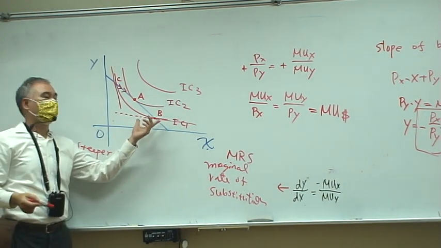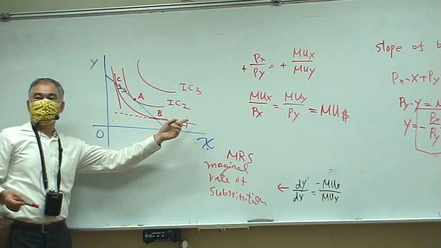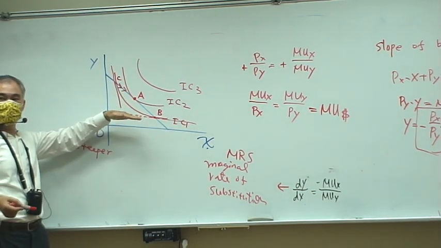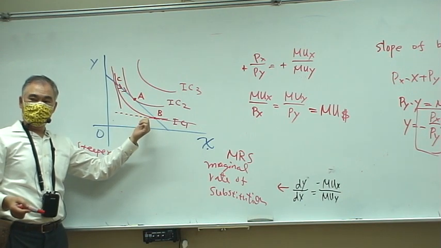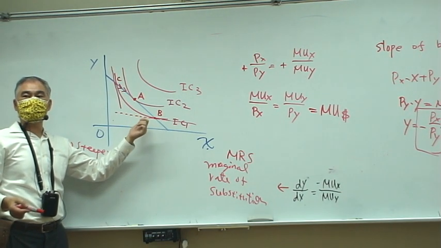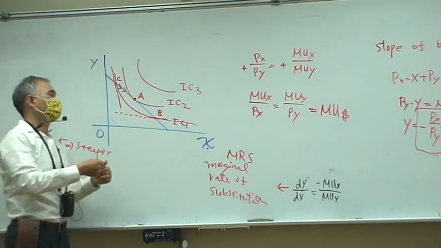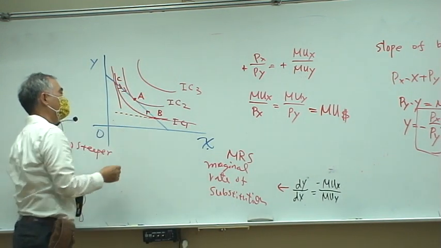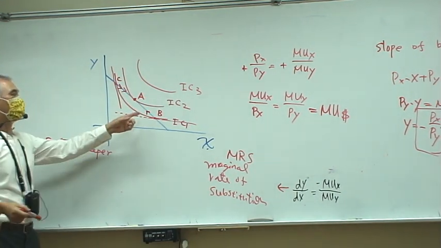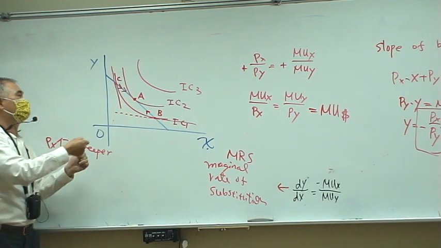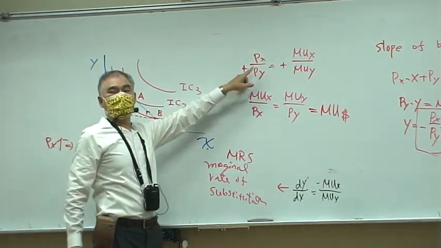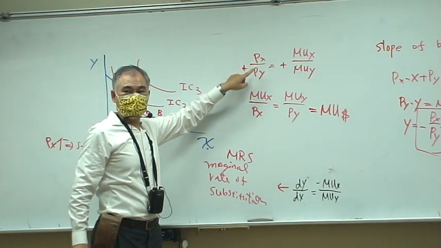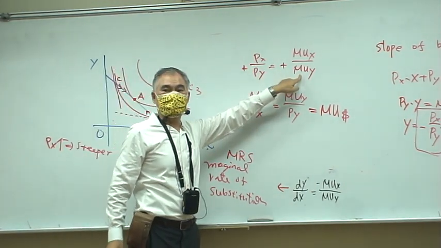Here, what tells you? You don't like X because it's flattened, right? You don't like X, and so in this case, you should switch X for more Y. So you move up there, and you get to this point. At this point, the slope of the budget line is equal to the slope of the indifference curve.